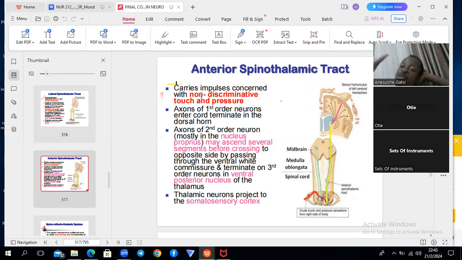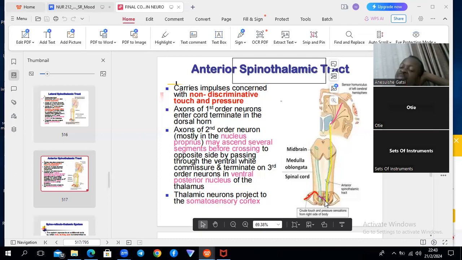The hand and the genitals. That explains the fine touch aspect, right? So anterior spinothalamic, I just want you guys to know that it's for crude touch and pressure. Crude touch is what we call non-discriminative touch, but when you say non-discriminative touch, this becomes really too technical for starters, right? The pathway is the same.